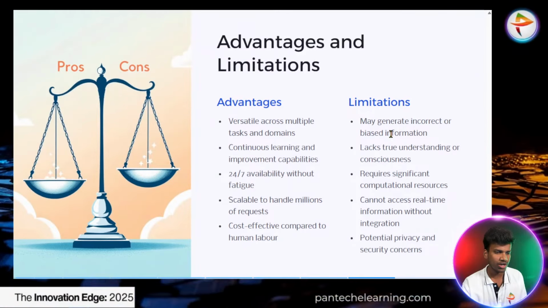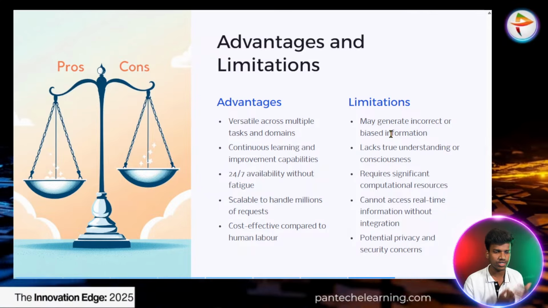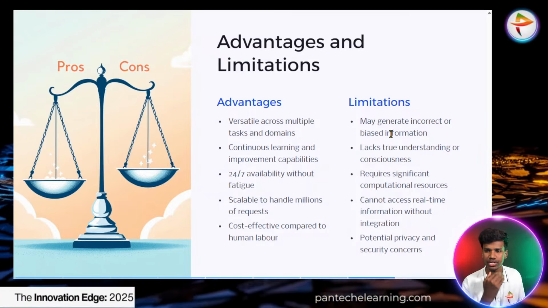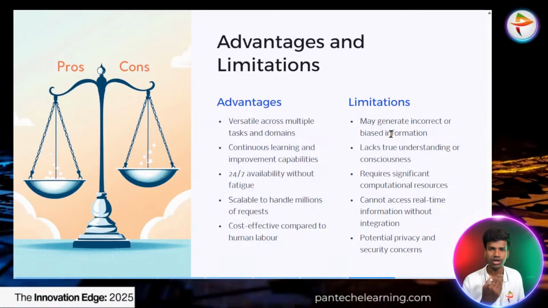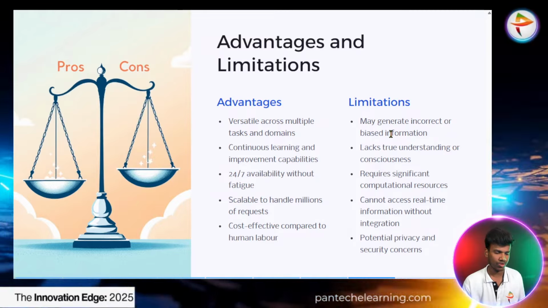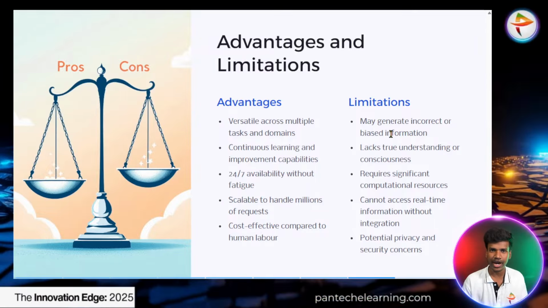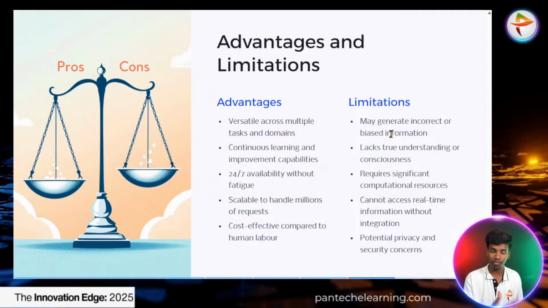And the advantages and limitations of LLMs. Advantages: versatile across multiple tasks and domains, continual learning and improvement of capabilities, 24/7 availability without fatigue. Everyone knows we can use it at any time without any support, and it can handle billions of requests. Think how many people can use this particular ChatGPT, these LLM models.